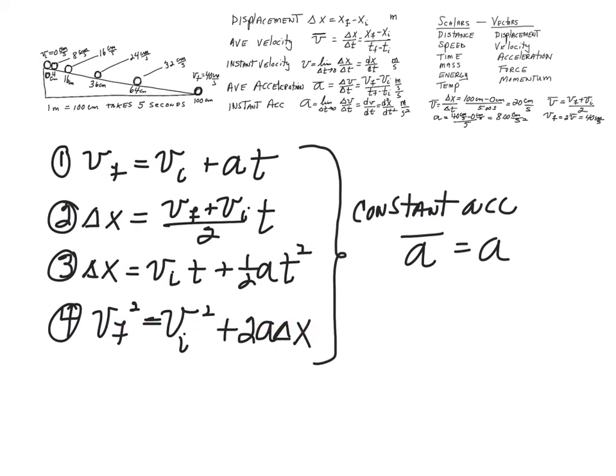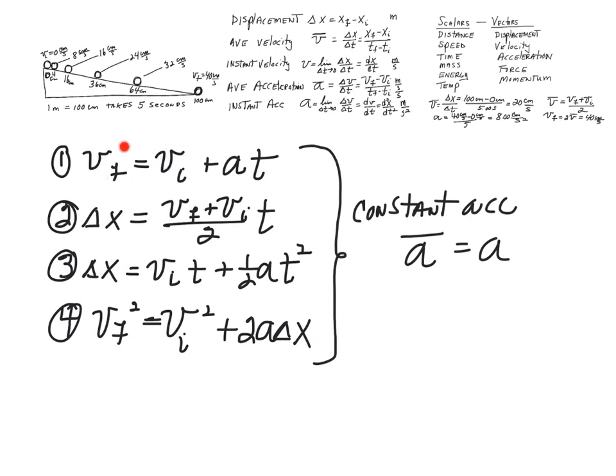And so if I take this equation and solve it for time, in this equation, time would be equal to, watch this, v final minus v initial divided by a.